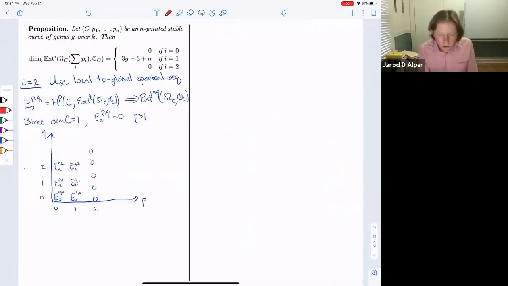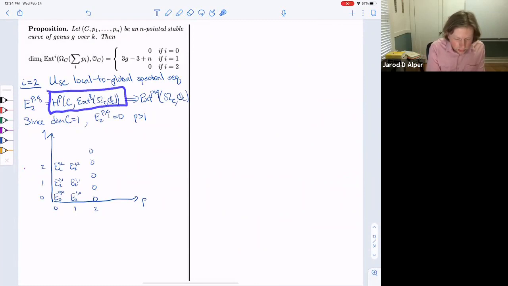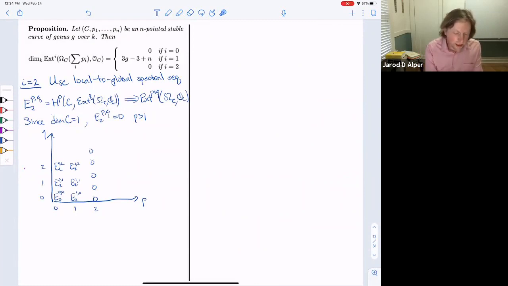Right, so we have a local to global spectral sequence where on the E2 page, the (p,q) term is H^p of the sheaf Ext^q. And the fact we're using is that the spectral sequence converges to Ext^(p+q), which is what we're trying to compute.